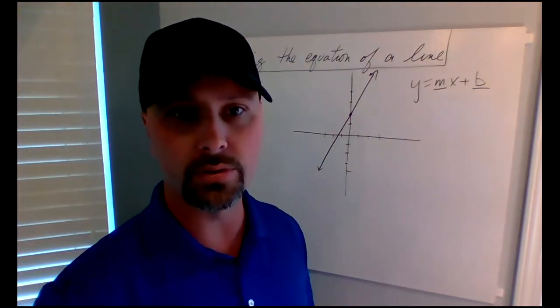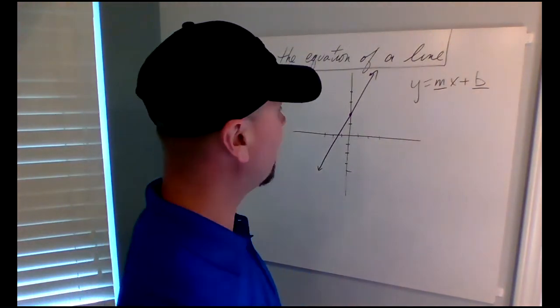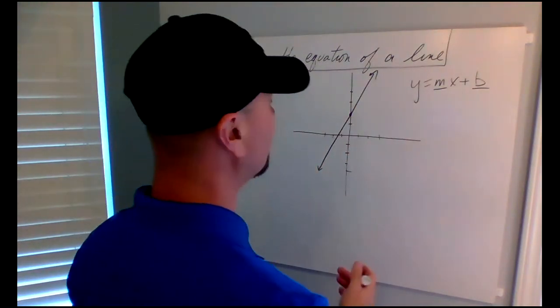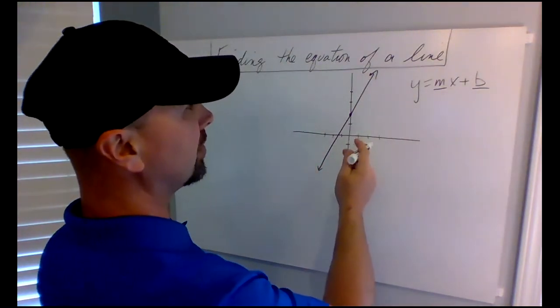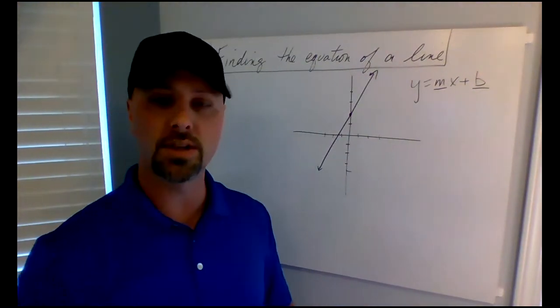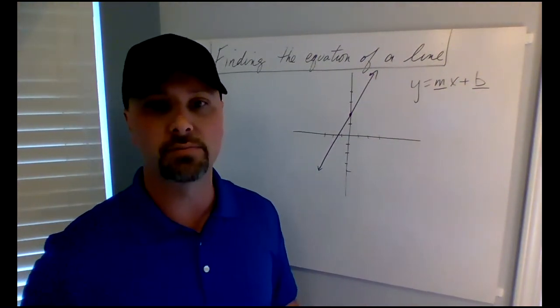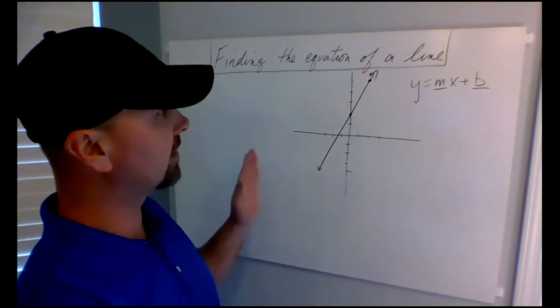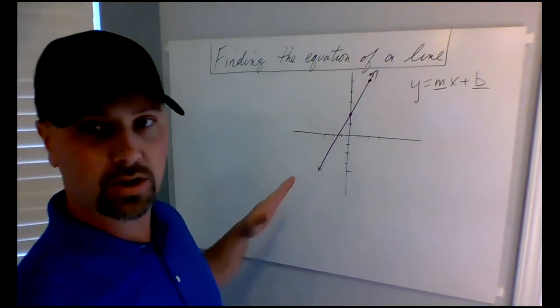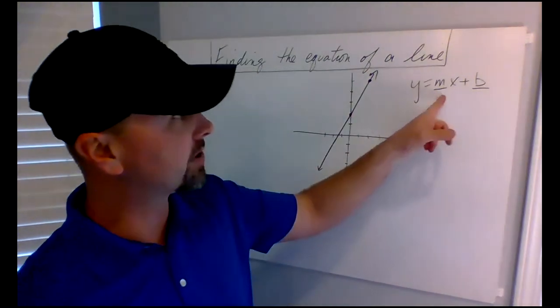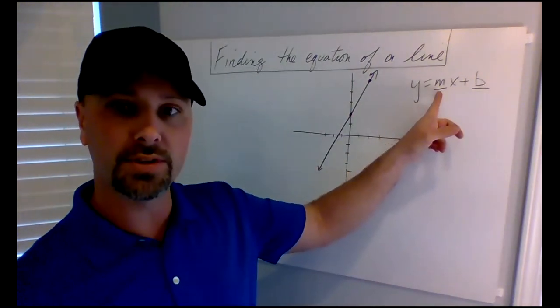We can get both of those from the line. Starting with the slope, we first decide, is this line an increasing line or a decreasing line? You should see this as an increasing line. From left to right, it's going up.